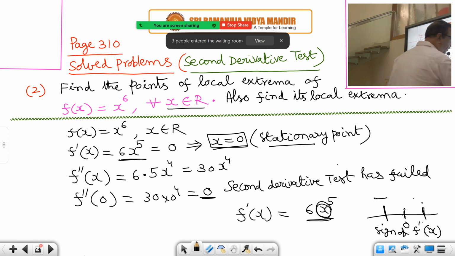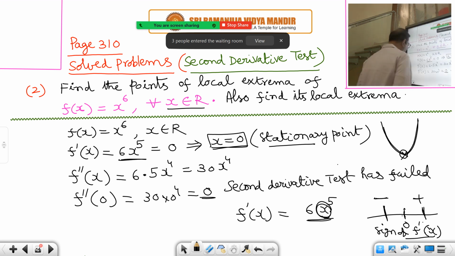So f dash x is changing sign from negative to positive, means decreasing to increasing. The function is actually decreasing in the beginning and then it is increasing. Means what? Local minimum.